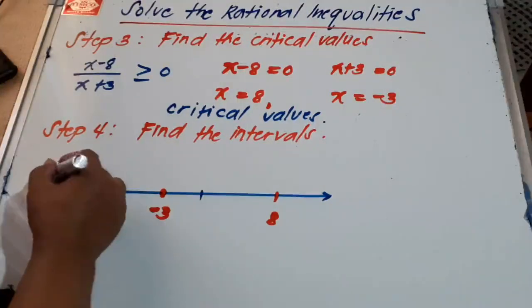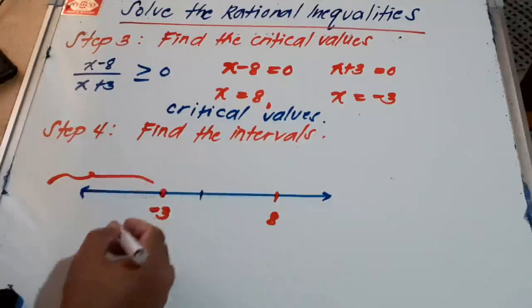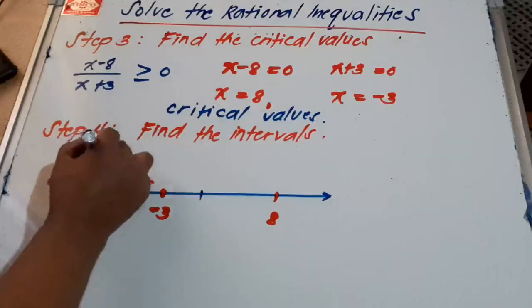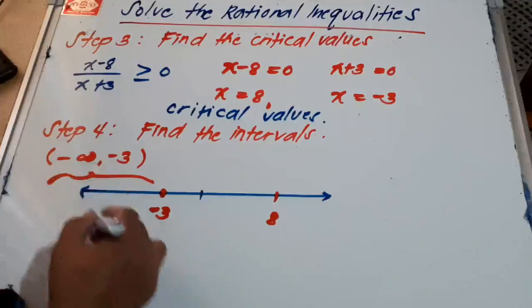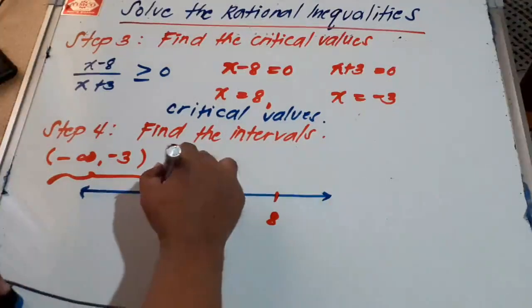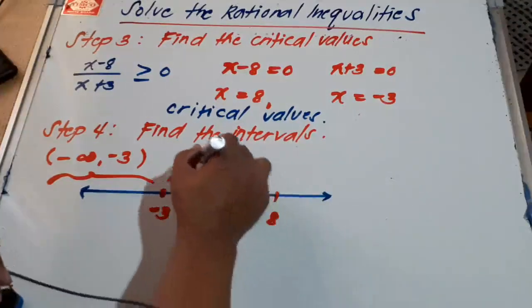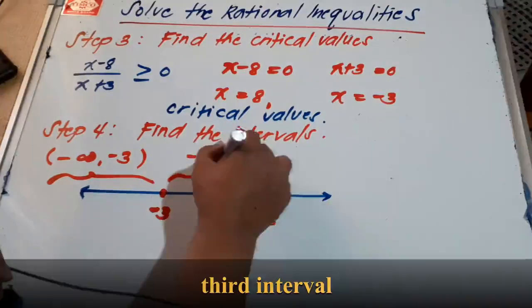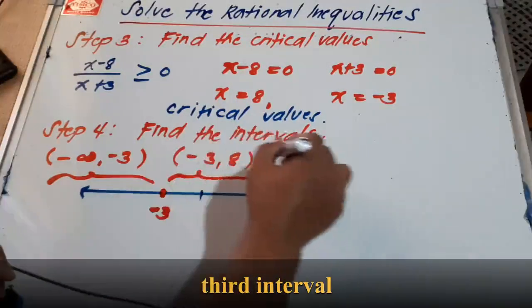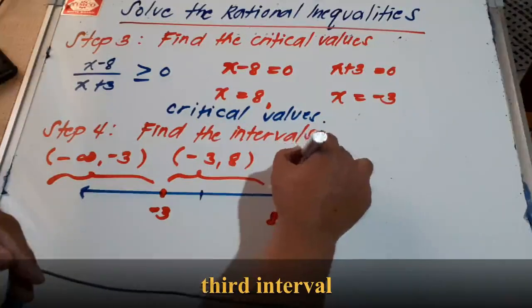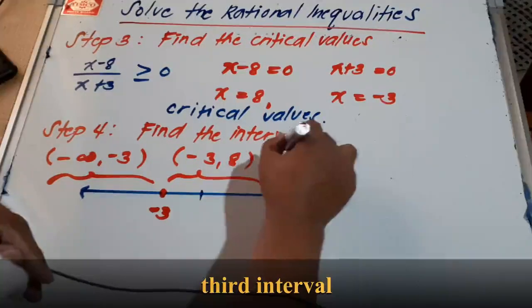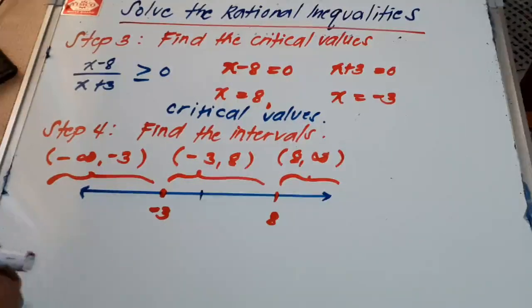This is the first interval that is from negative infinity to negative 3. Okay. And the second interval is from negative 3 to 8. And the third interval is from 8 to positive infinity. Yan po yung ating mga intervals.